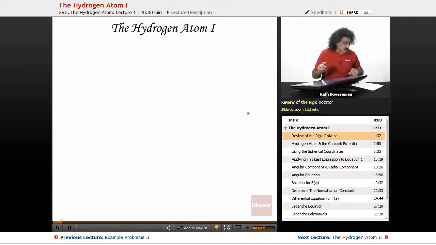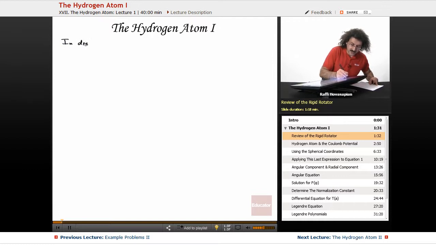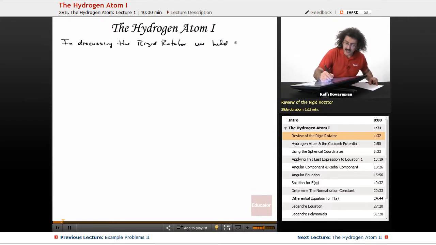So in discussing the rigid rotator, we held r, the radius of the turn, constant, and we allowed theta and phi to vary.